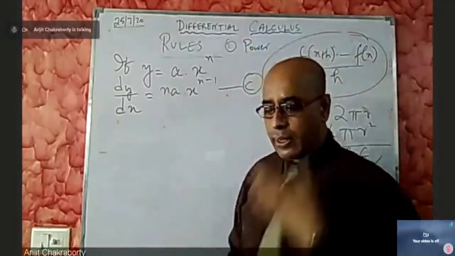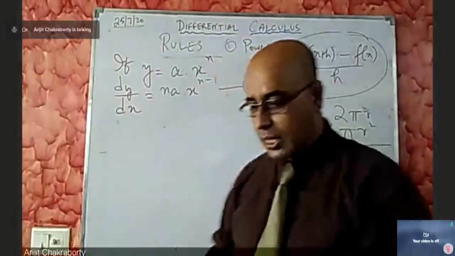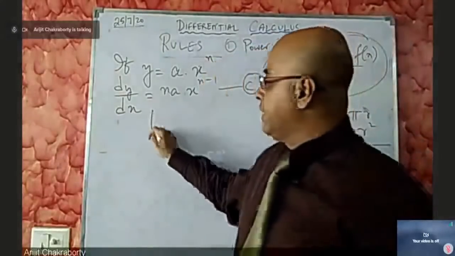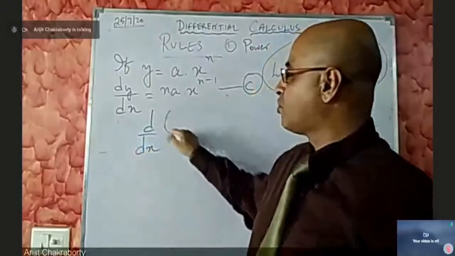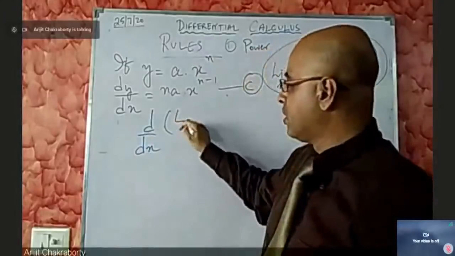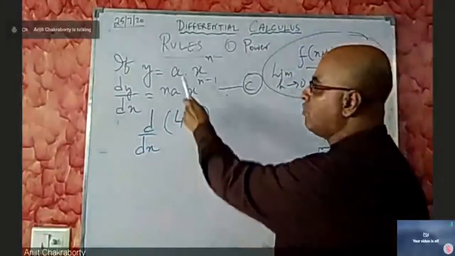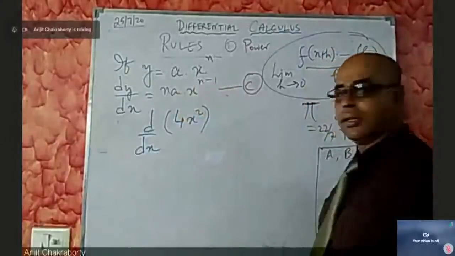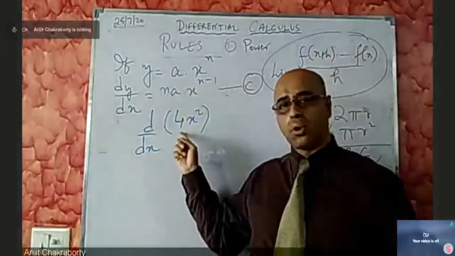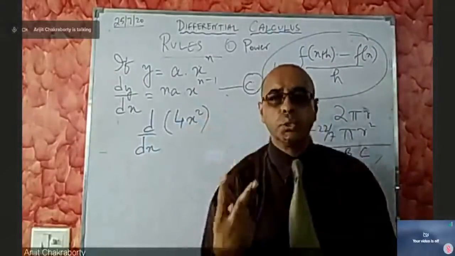Okay? That means, if I take an example, d dx of 4x squared. This is of the form a x to the power n. Here, a is 4, x as it is there, n is 2.